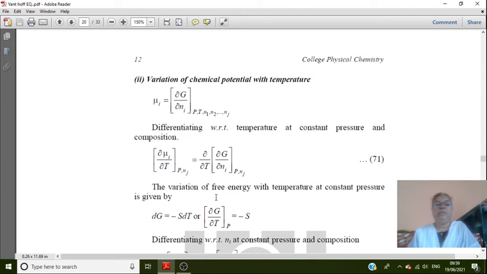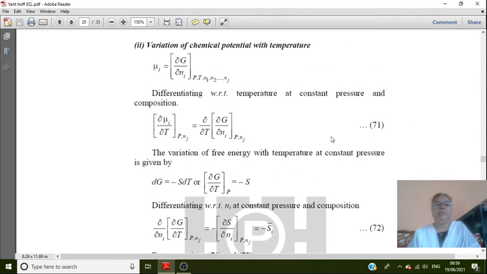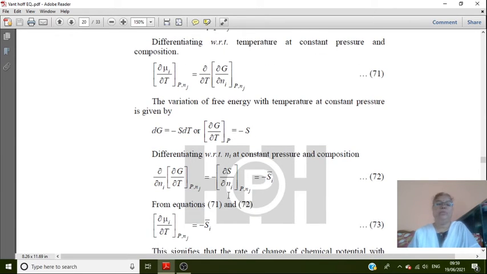Then the variation of free energy with temperature at constant pressure is given by dG equals minus S dT, or ∂G/∂T equals minus S, the entropy, at constant pressure.